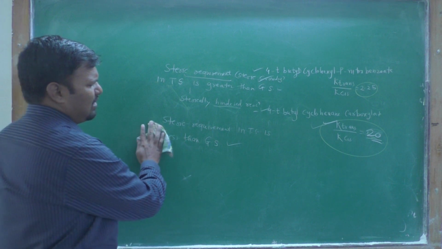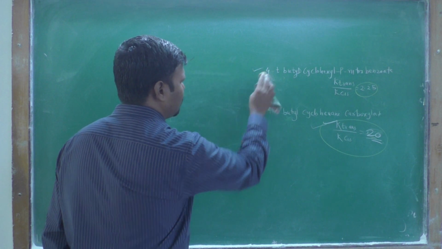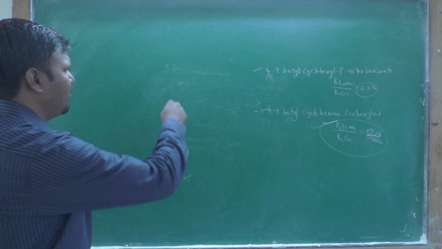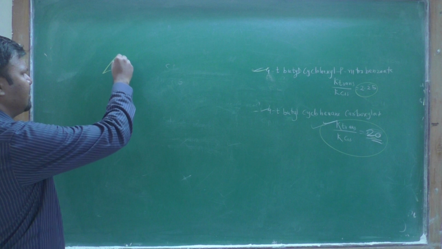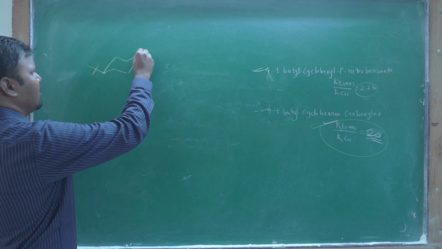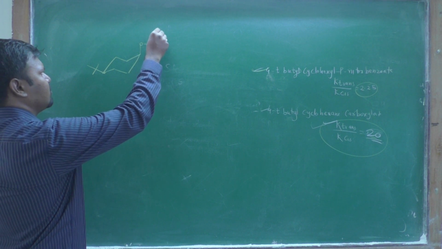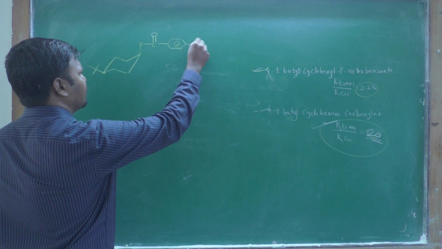Now we will start with our first molecule. Simultaneously we will discuss the second molecule. We have its cis form like that: tertiary butyl, our para nitro benzoate.